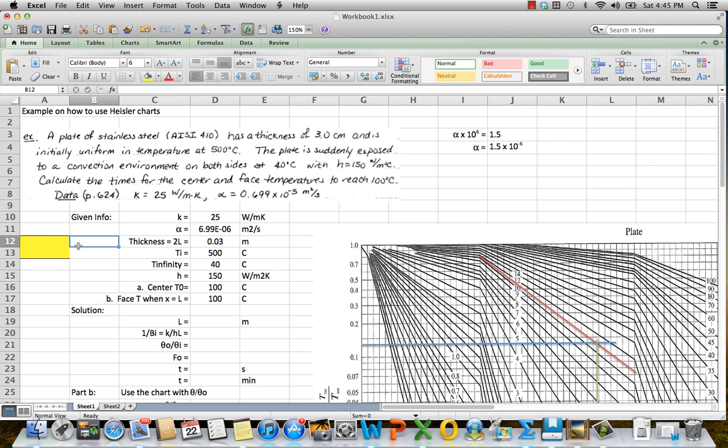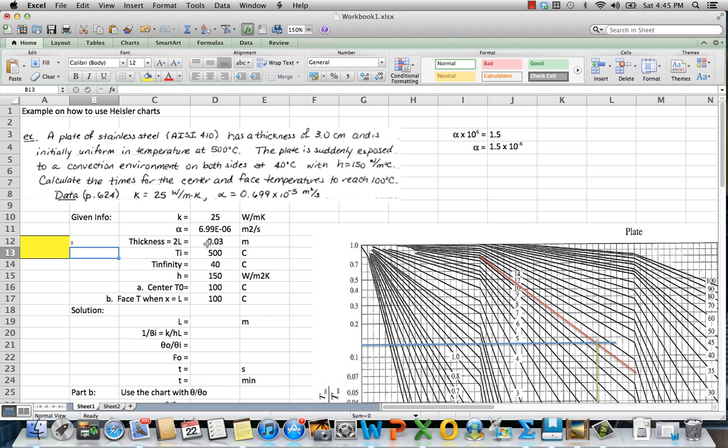The center is measured at the center line as 0, and x counts from the center to the edge, either above or below. So from the bottom to the top is 2L, and from the center to the top is L.